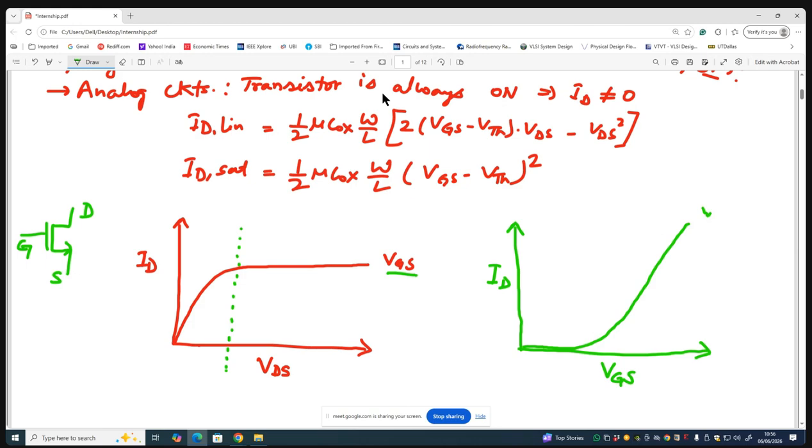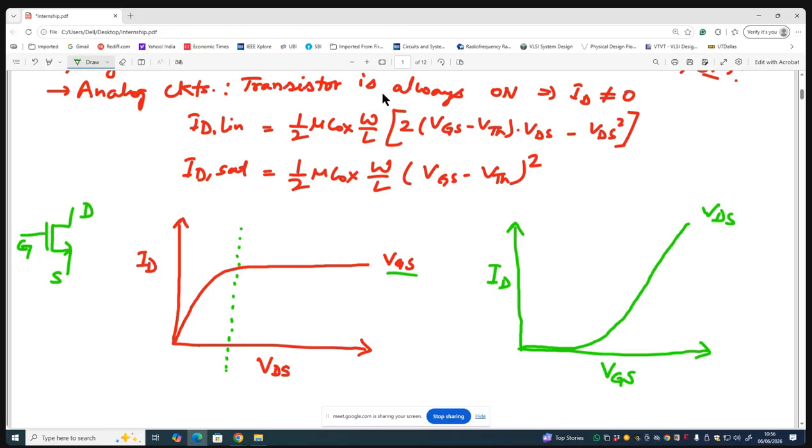So this is for a certain value of VDS. In the first characteristic drawn in red, on the y-axis we have drain current, and on the x-axis we have VDS. And in the second plot, on the y-axis we have ID, and on the x-axis we have VGS.